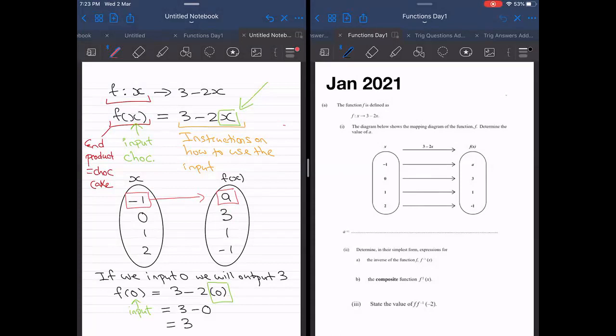I basically just showed you an example by using the 0 and showed you how when I input 0, I get out 3. So we're going to do the same thing for -1. We're going to put in -1 and see what we get out.